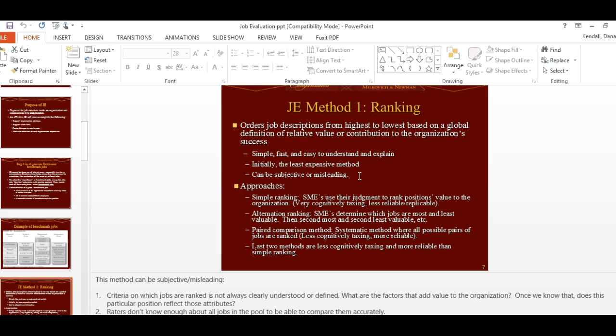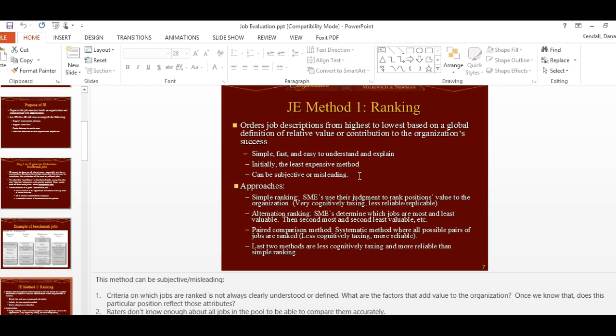People don't always agree on what factors add value to the organization, and of course, which positions really reflect those attributes that do add value. Sometimes there's some disagreement there. Sometimes raters don't know enough about all the jobs in the organization to even be able to compare them meaningfully, so that's also a common critique of this method.